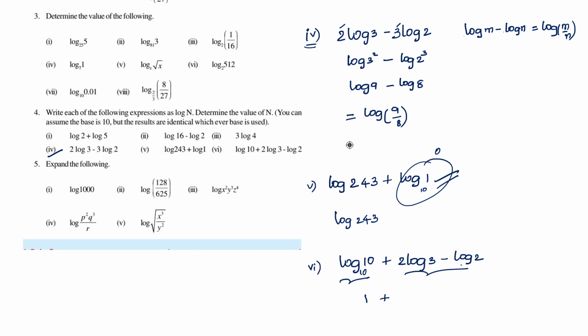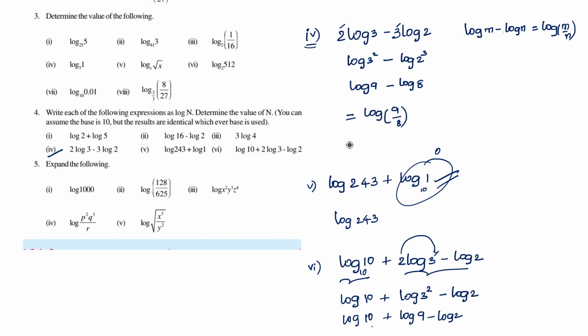We cannot directly apply the formula to this, so we have to send this 2 to the power. So log 3 square minus log 2. But if we want to express it as a single logarithm, we should not convert log 10 as 1. So I'll keep it like this, log 10.